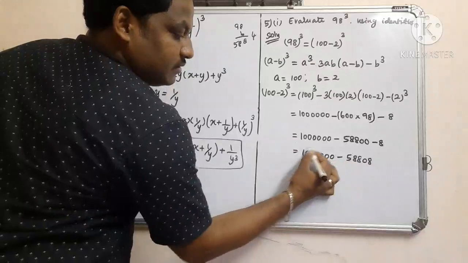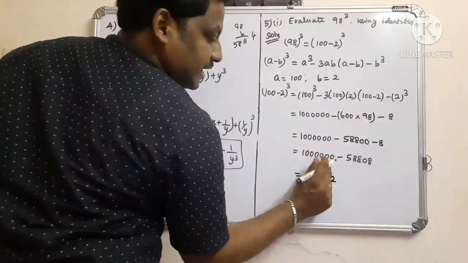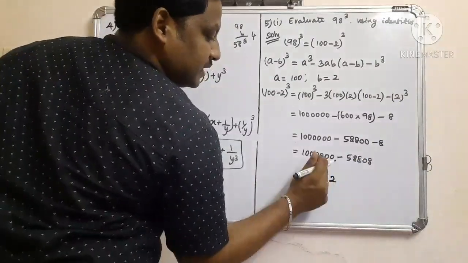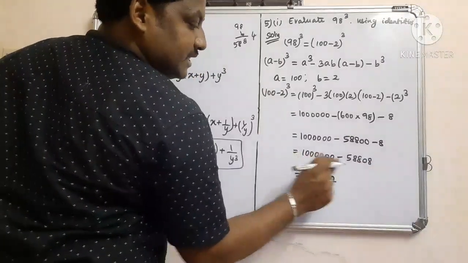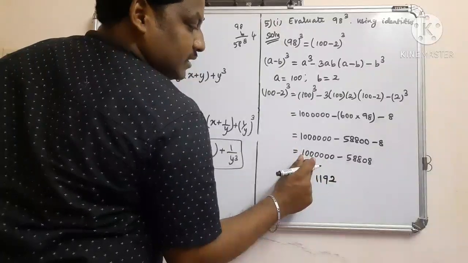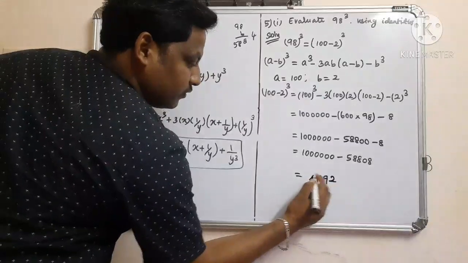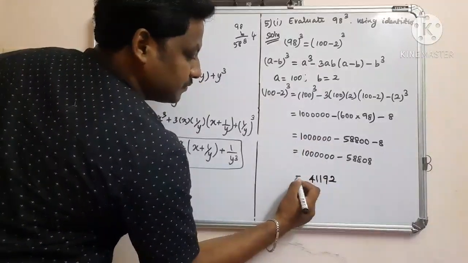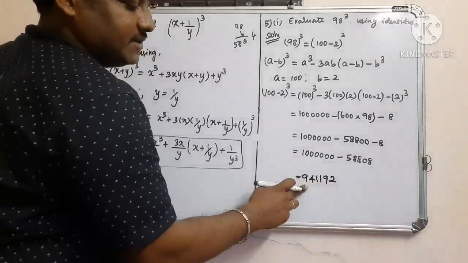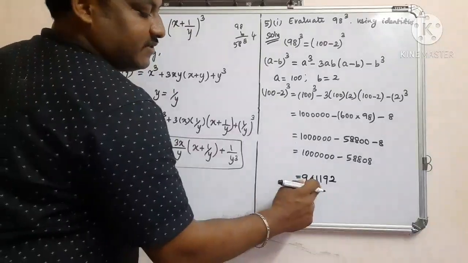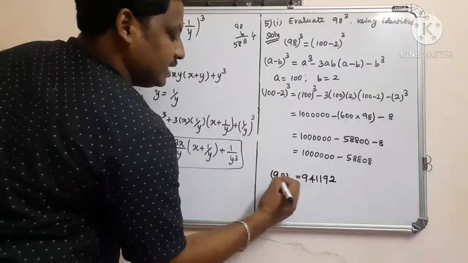Here we take 10 minus 8 is 2, 9 is there, 9 minus 0 is 9, here also 9 is there, so 9 minus 8 is 1, here also 9 is there, so 9 minus 8 is 1, here also 9, 9 minus 5 is 4, at last 9 is there, so 9 minus 0 is 9. So 9,41,192. This is the value of 98 cube.